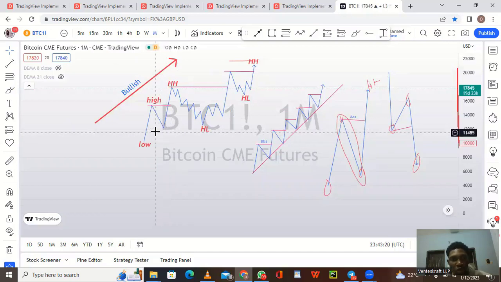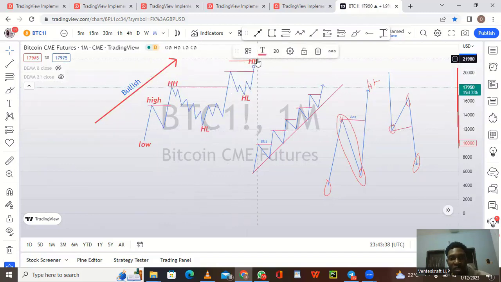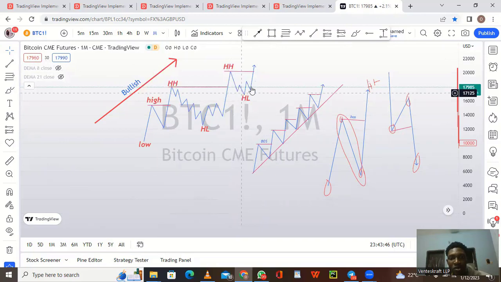Okay, so within a higher high and a higher low, we have what we call a range. I'll say it again: within a higher high and a higher low, we have what we call a range.